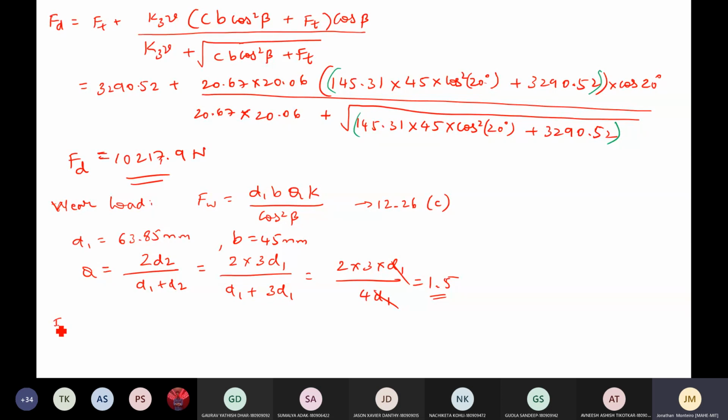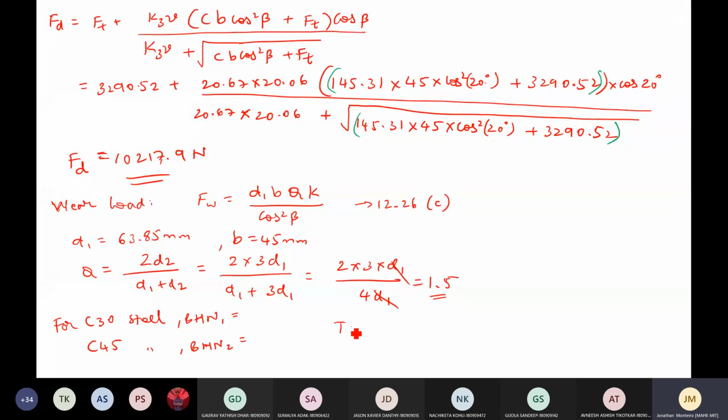If you go back to the material properties, that is steel. BHN1 will have some value, and for C45 steel, BHN2 will have some value.